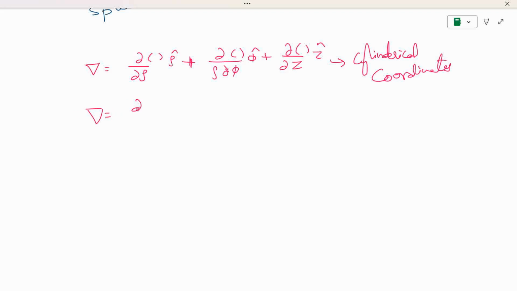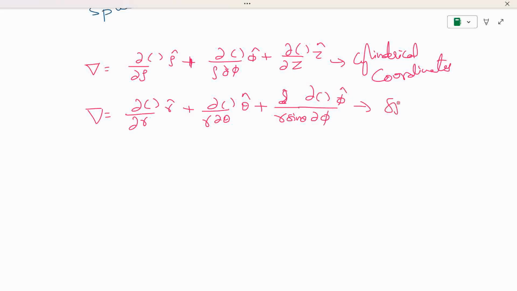And for spherical, we have the radial direction change dr, then r d theta along the theta direction, and r sin theta d phi along the phi cap direction. This is the spherical coordinate.